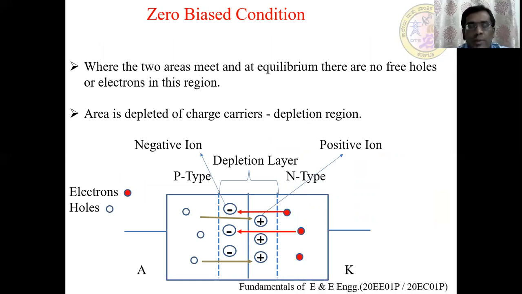When the diffusion happens, electrons move towards the p type and holes move towards the n type, so in the junction there are no free electrons and no free holes. That junction is called the depletion region, as shown in the figure. This is the diffusion layer, and this region is called the diffusion region. In this region there are no free holes or free electrons because all the electrons have diffused to the p type and all the holes have diffused to the n type.